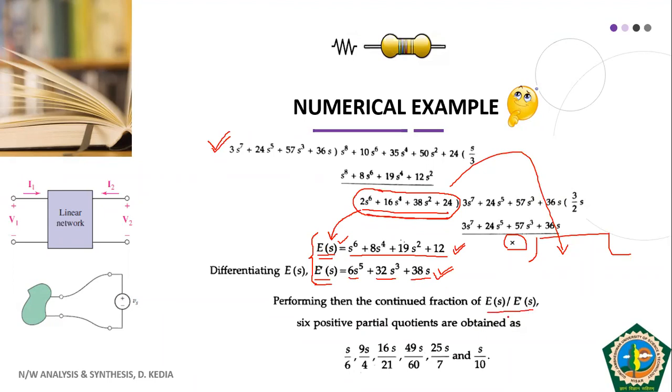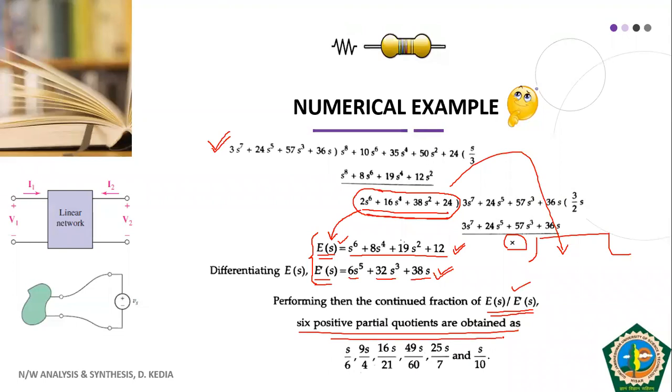We will obtain the continued fraction for ES by E dash S, the way we did for the even term example. If you solve it, you can do it at home.